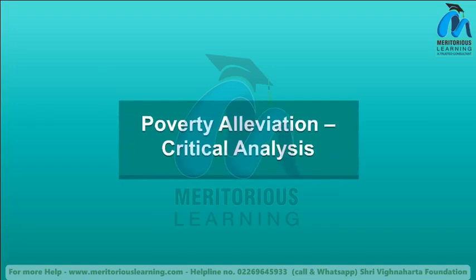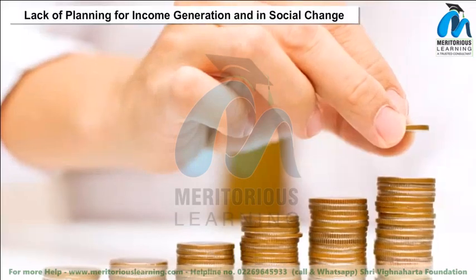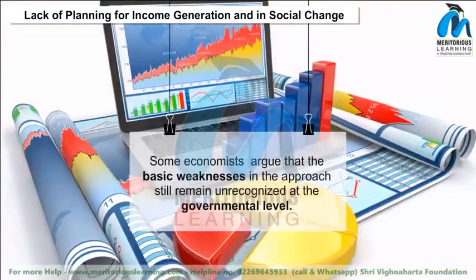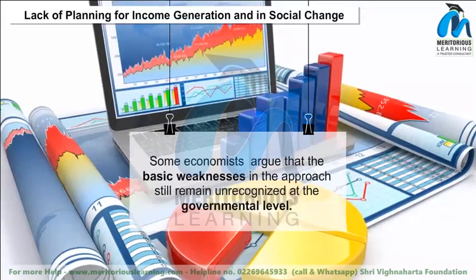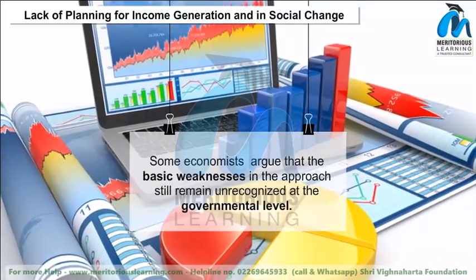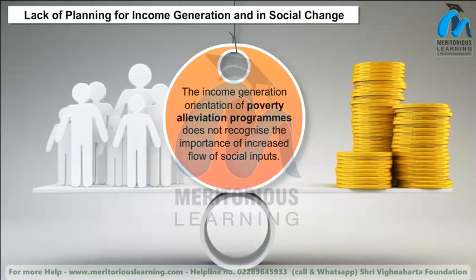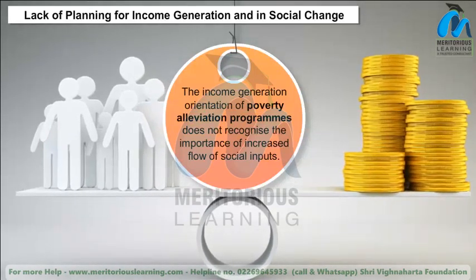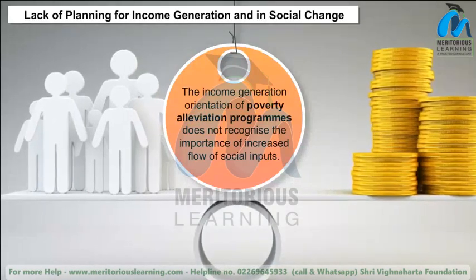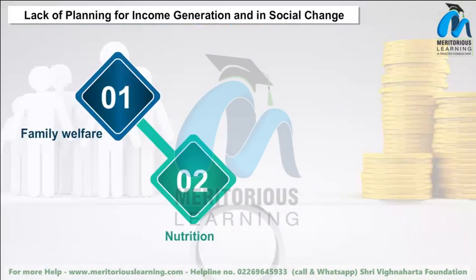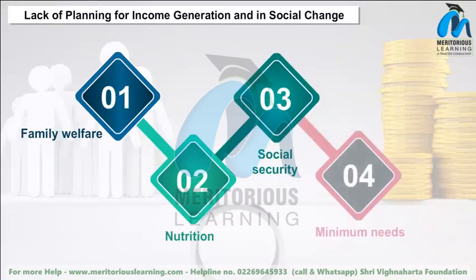Poverty Alleviation Critical Analysis. Lack of planning for income generation and in social change. Some economists argue that the basic weaknesses in the approach still remain unrecognized at the governmental level. The income generation orientation of poverty alleviation programs does not recognize the importance of increased flow of social inputs through family welfare, nutrition, social security, and minimum needs program on a long-term basis.